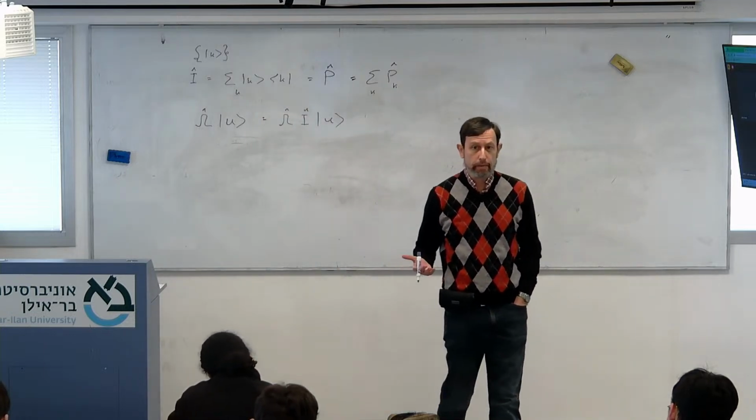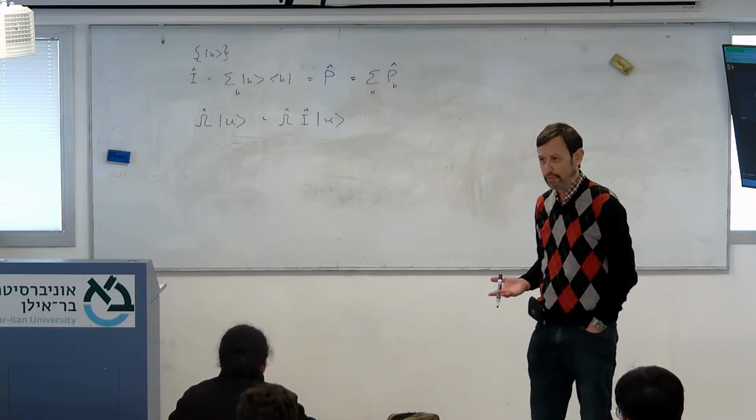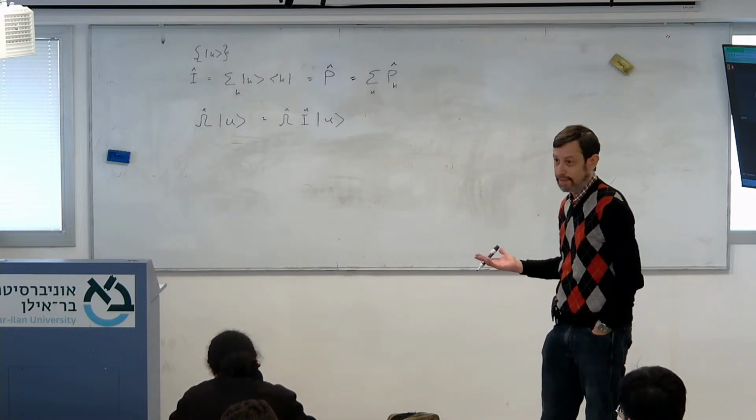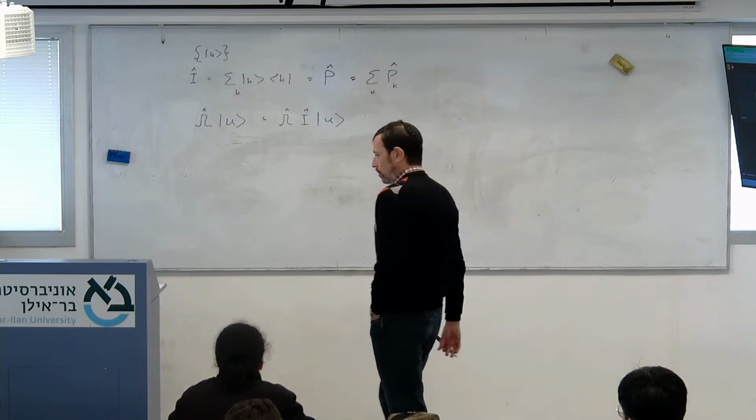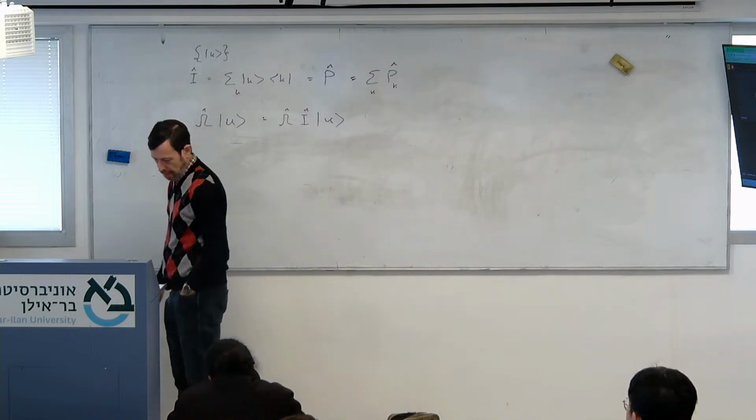Perhaps a bit stupid, but clearly I can always multiply also by the identity.